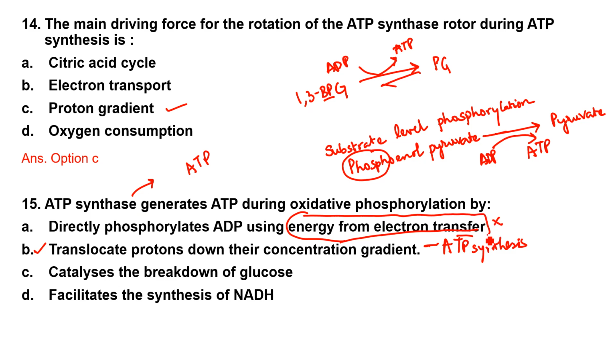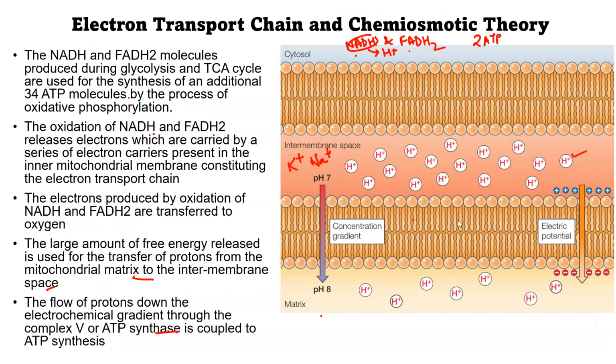Okay, so that is why I had mentioned this point. If you read the third, fourth point carefully, the large amount of free energy released is used for transfer of protons from the mitochondrial matrix to the intermembrane space. It is not used for generation of ATP.